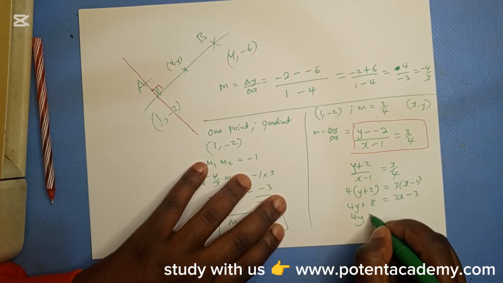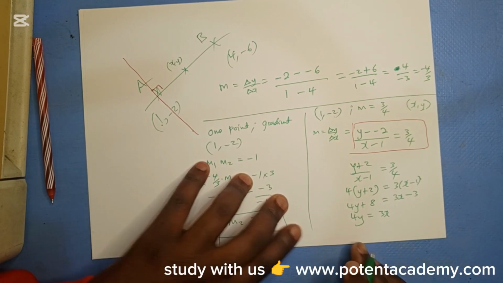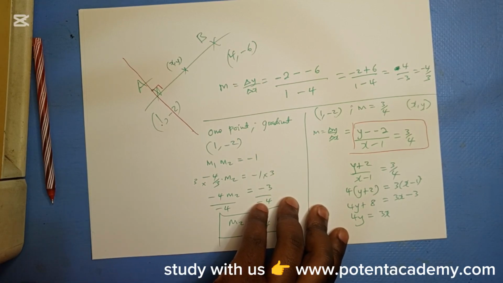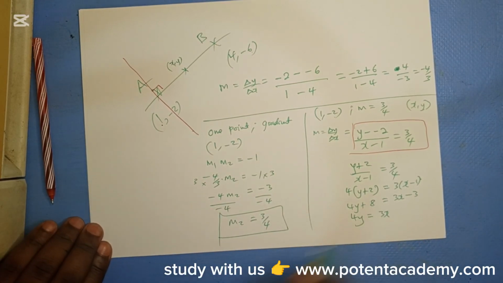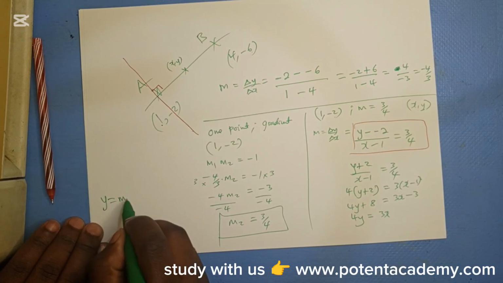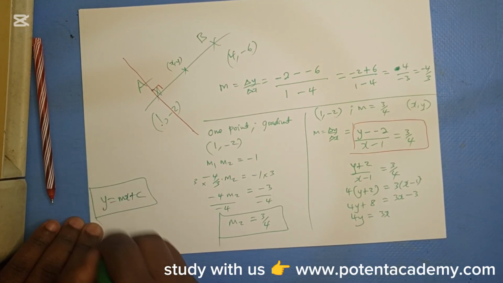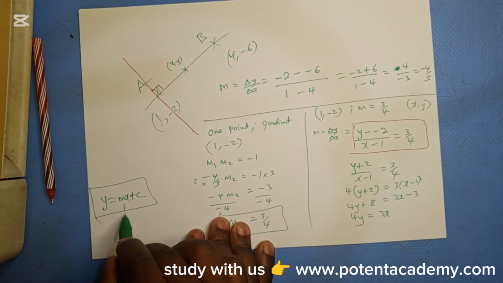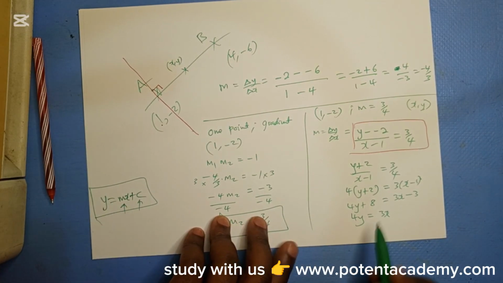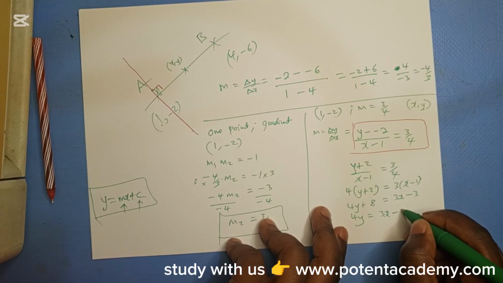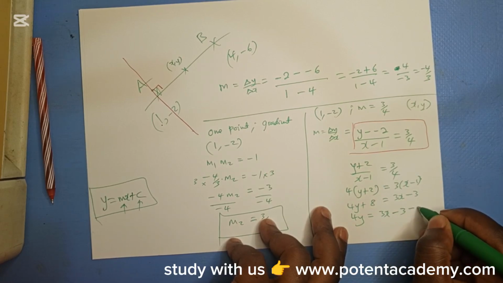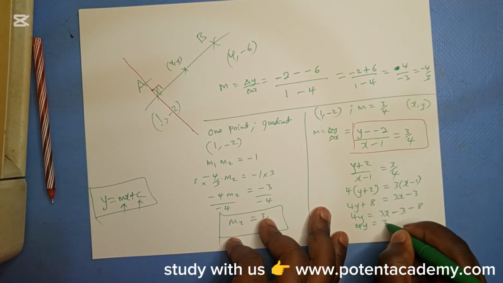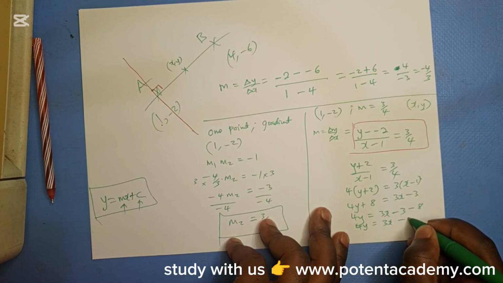You leave y on one side, or you make y the subject of the formula, because the equation of a straight line is given as y is equal to mx plus c, where m is the gradient and c is the y-intercept. So these are constants. So here minus 3, then take this one minus 8. So you have 4y is equals to 3x minus 11.